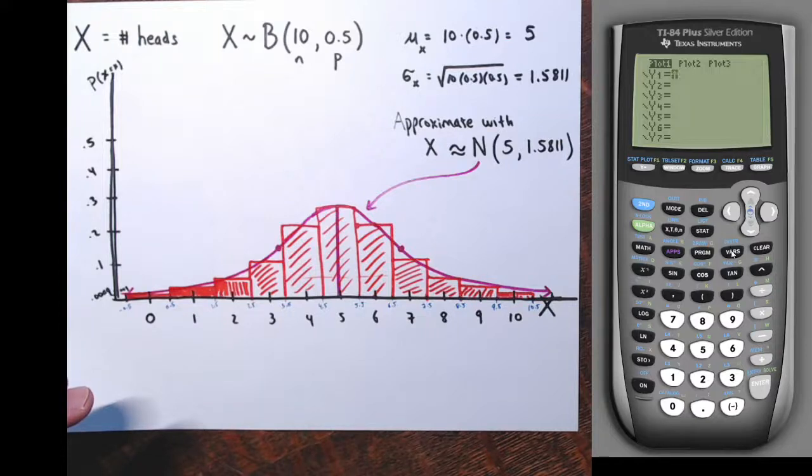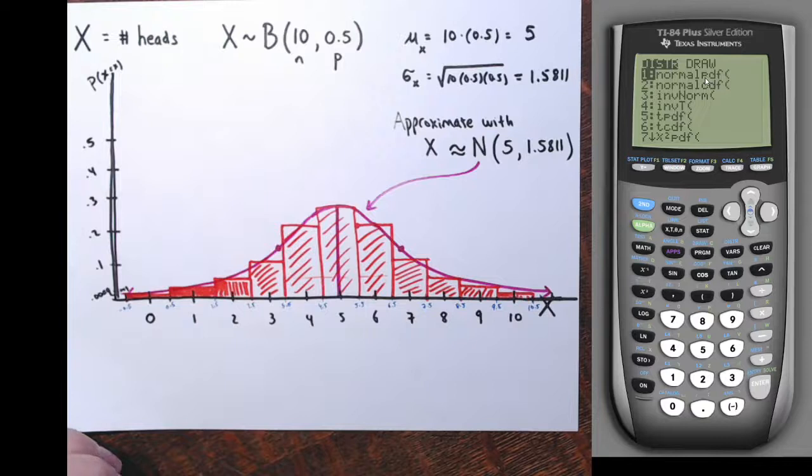And then y equals, and when it's flashing, I'm going to go to that distributions area, second, distributions, and this is the only time that the normal PDF is useful. When we want to find area under the normal curve, we use normal CDF. But if you want to actually graph a normal curve, this is where normal PDF comes into play.